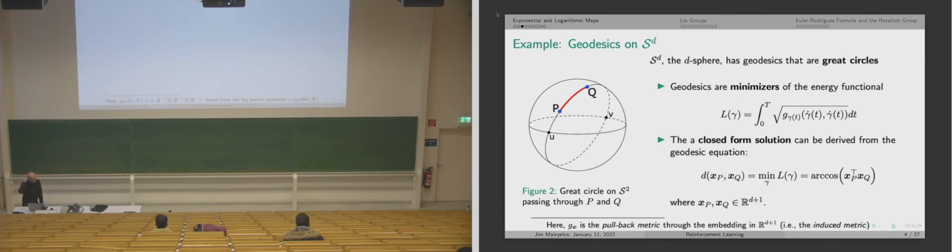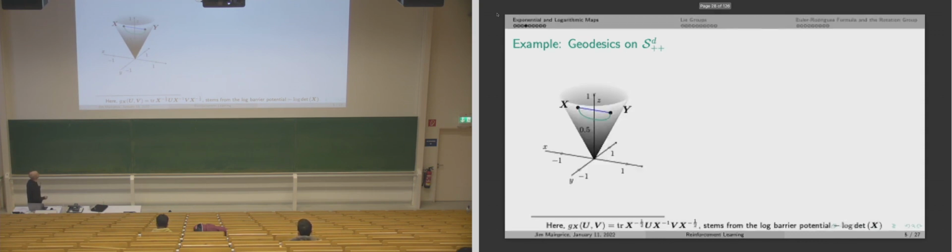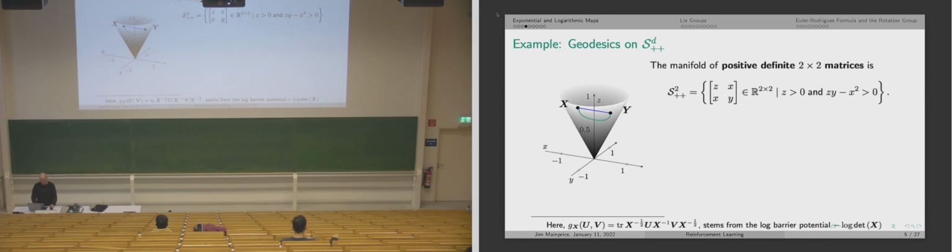So for the case of the semi-positive definite matrices, they form a cone, and you can see it like this. This is the manifold of semi-positive matrices of 2 by 2, these little squares, and the valid specification of these matrices is when Z is positive. Z is one of the coefficients of the matrix.